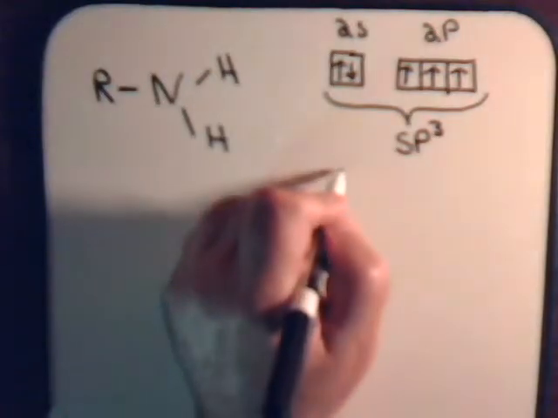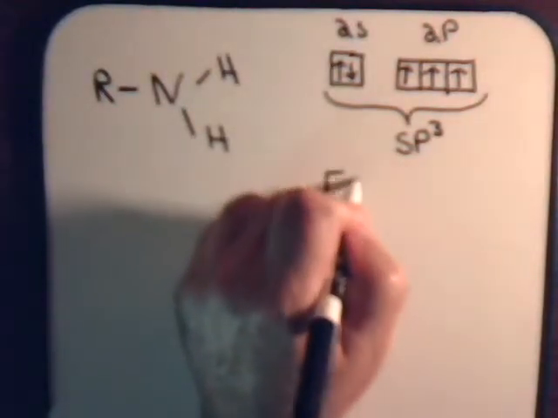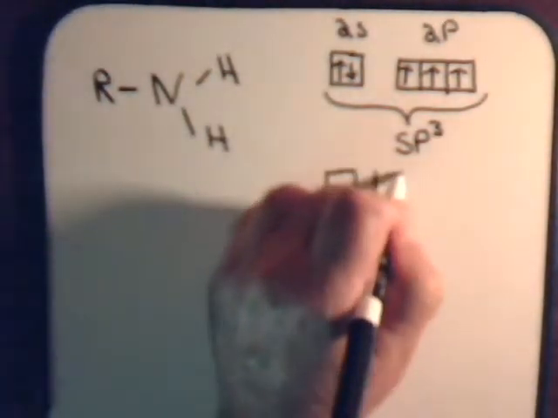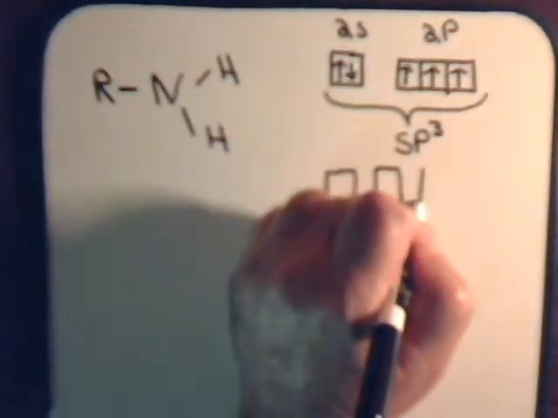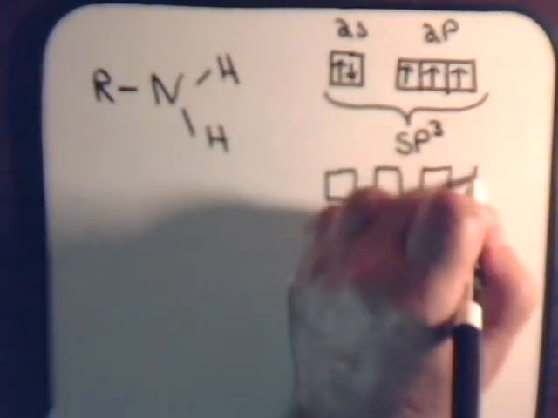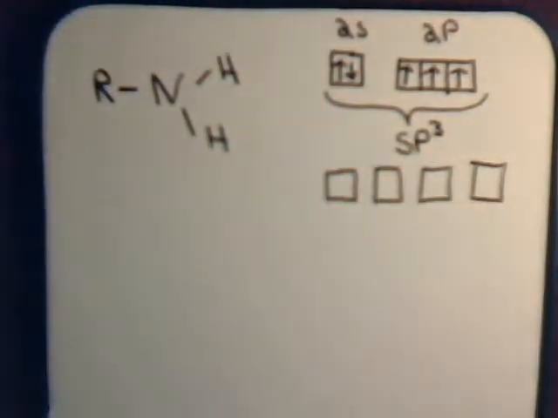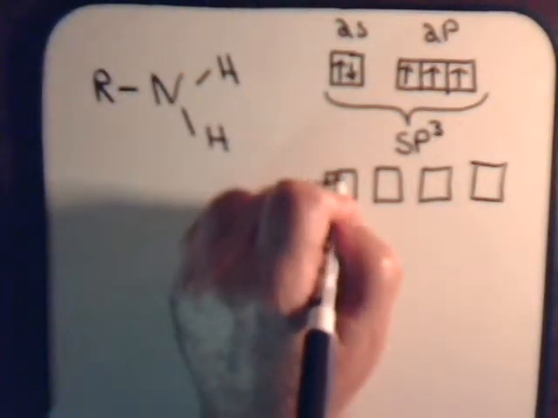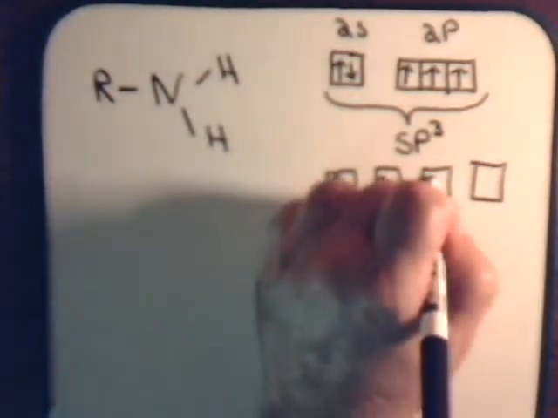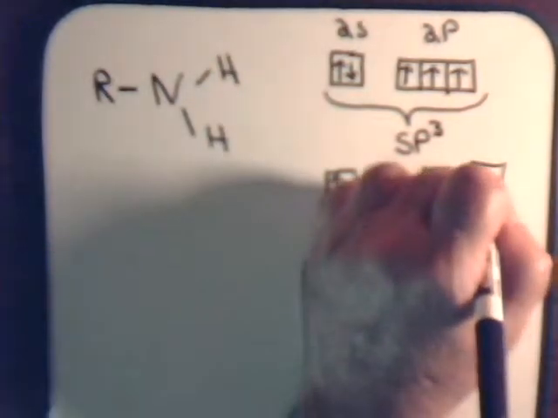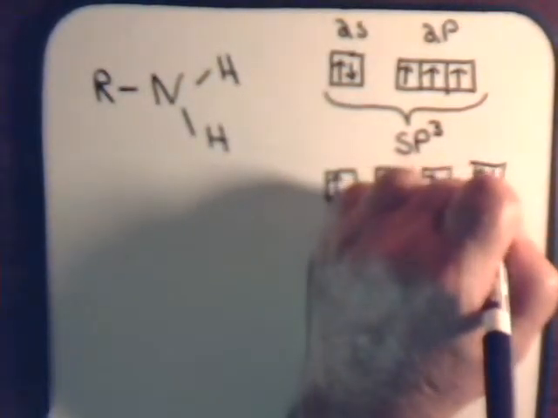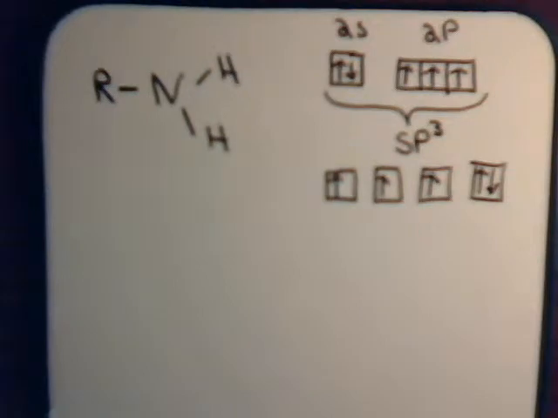What comes out, of course, is 4 sp3 molecular orbitals. And again, a single electron, and then one of them will have a paired share of electrons.